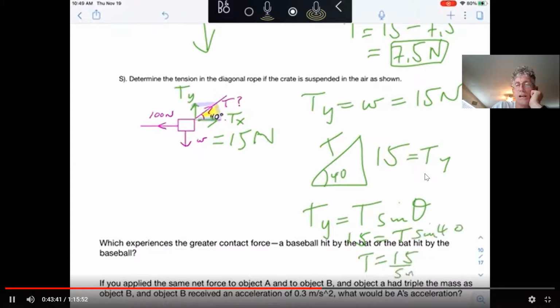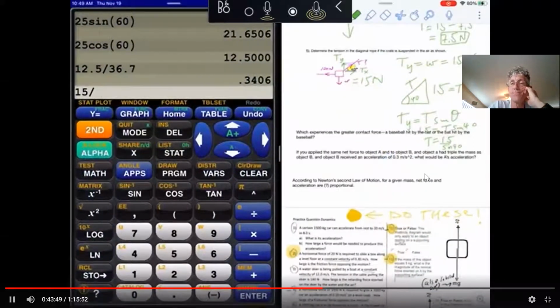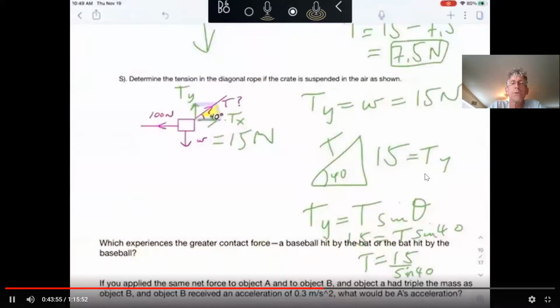So I'm going to calculate this. I have to do 15 divided by sine of 40, because I'm solving for T. So that comes out to be 23.3 newtons.